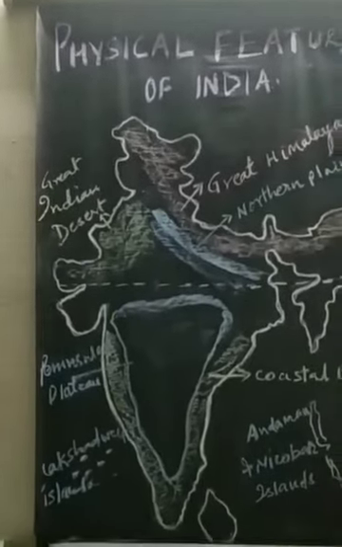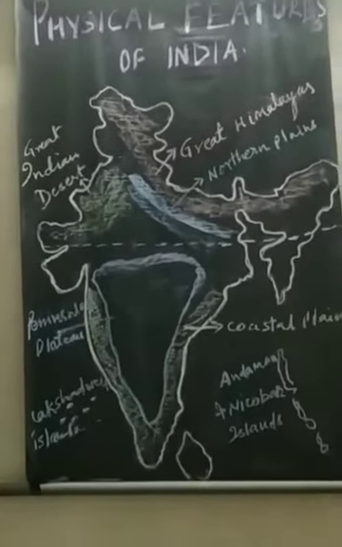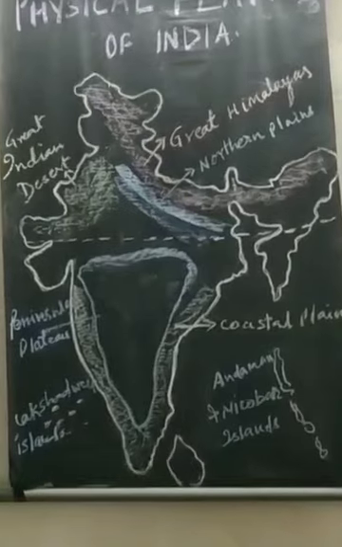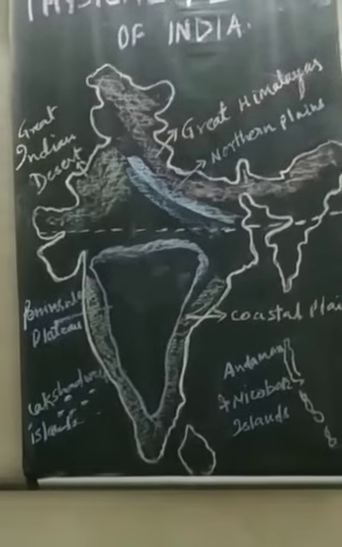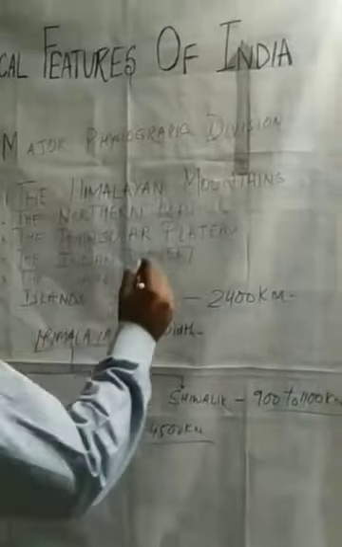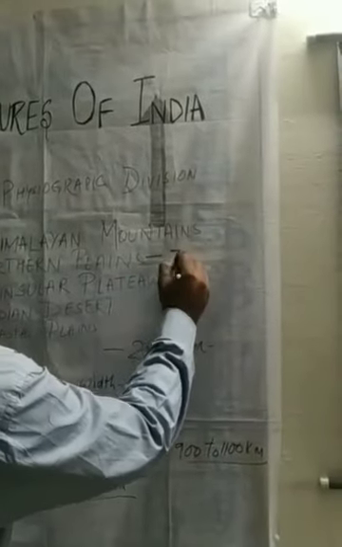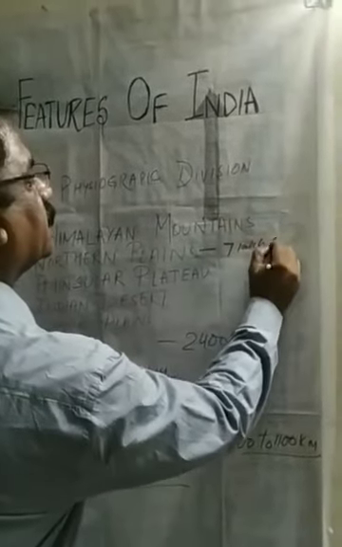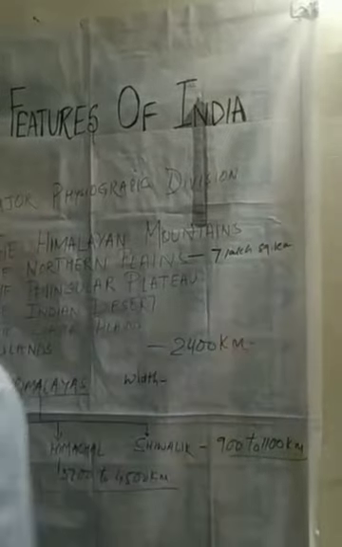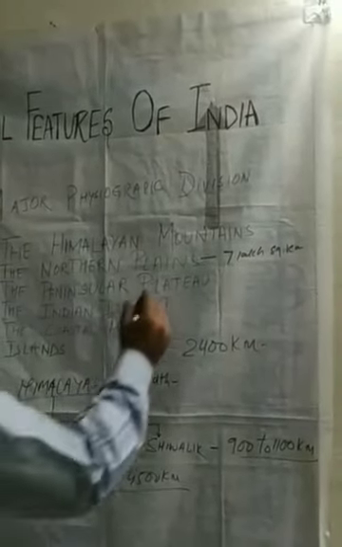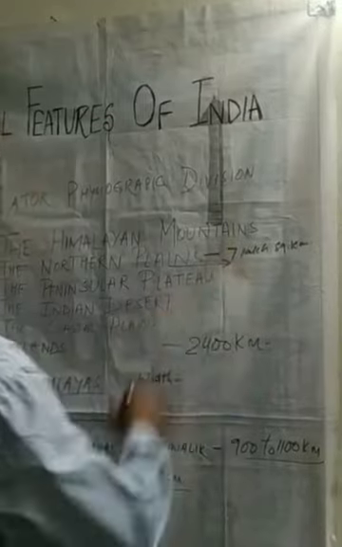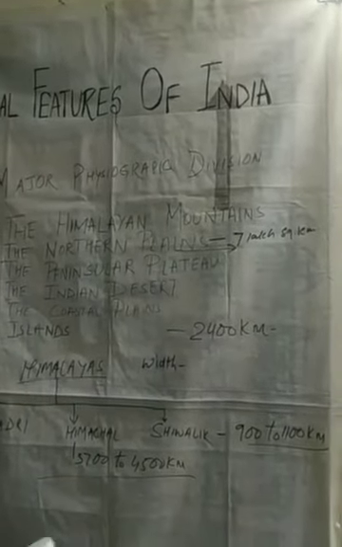Now, some important features of the northern plains. These plains spread over an area of 7 lakh square kilometers. This is the total geographical area of the northern plains.